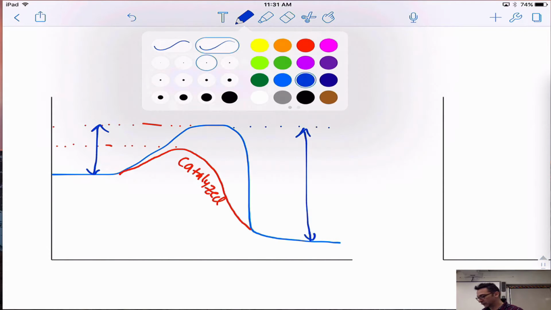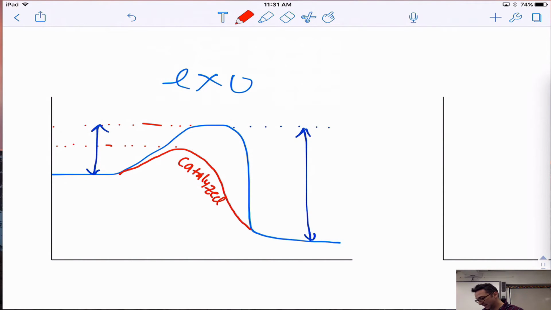Now if we were to show in red what the catalyzed reaction looks like, the forward activation energy would be lower here, and the reverse would be lower there. In both cases, you can see that the red catalyzed activation energy is lower. So those arrows on the graph will be lower.